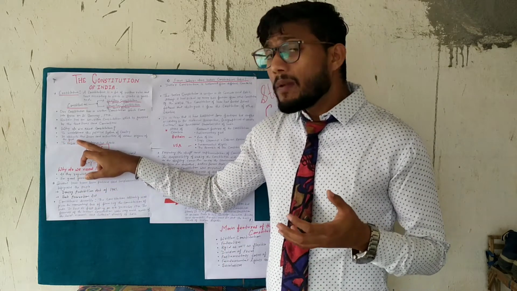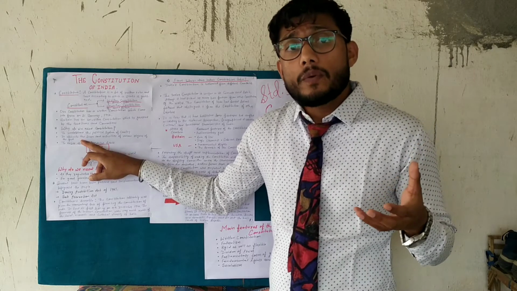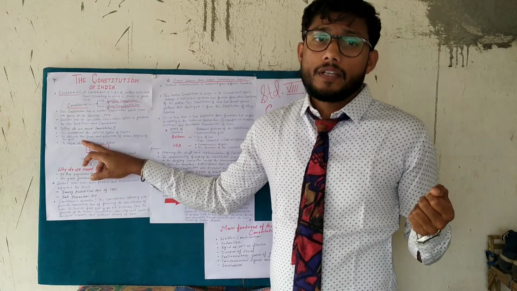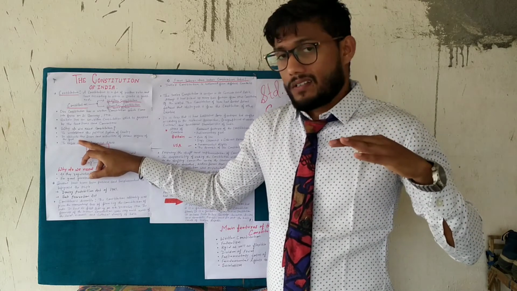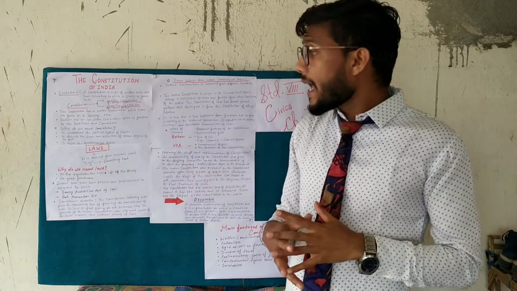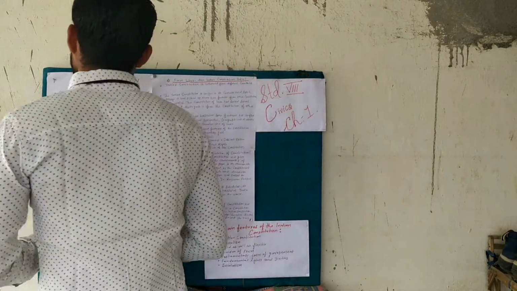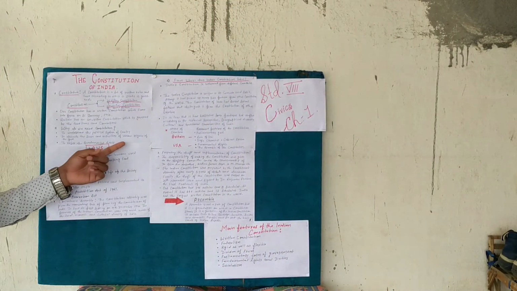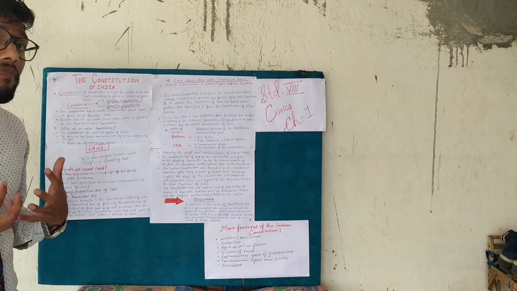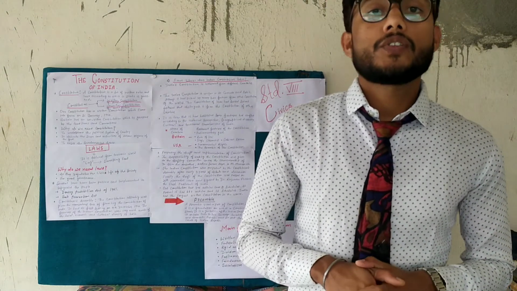If there are no written rules and regulations, then our government does not have any kind of limit. So to limit the scope and activities of various organs of the government, we need a constitution. We also need it to enjoy the fundamental rights.